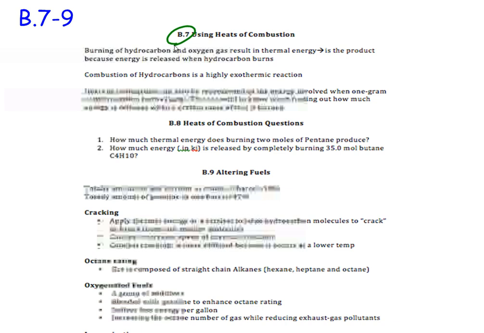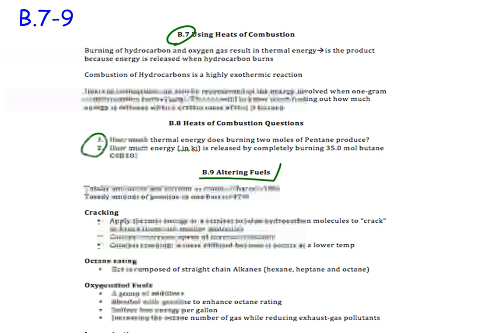Heats of combustion questions. So Rachel actually did a couple of good questions for us here, which we could try and go over and answer if we have a few minutes. And then altering fuels. This was a section we didn't cover in class, but I did ask Rachel to jot down some notes for this. So we'll include her notes as legitimate stuff for the test.